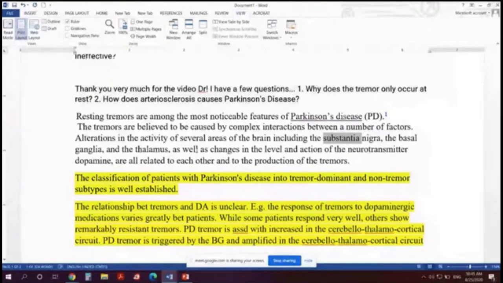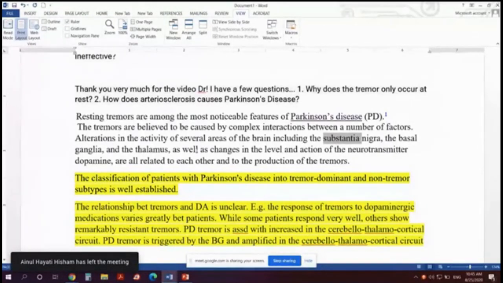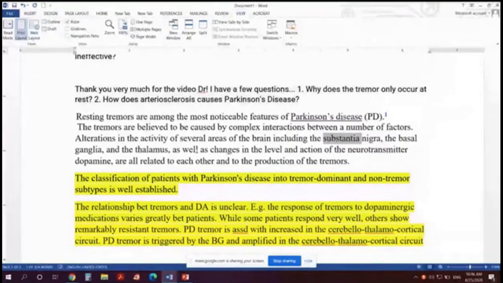When the Parkinson patient is tremor dominant, it means that the patient experiences a lot of tremors. Non-tremor dominant means that there is not much tremor, and they found that tremors with Parkinson's disease predict a good prognosis for the patient, because this means that there are still some remaining neurons in the basal ganglia.